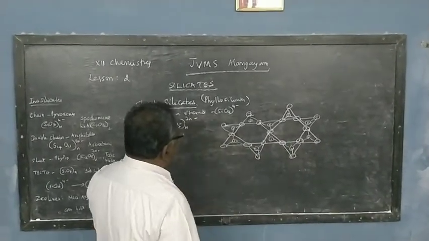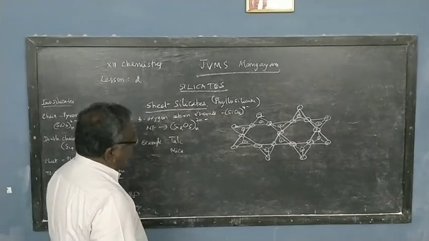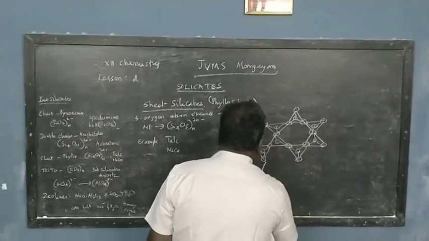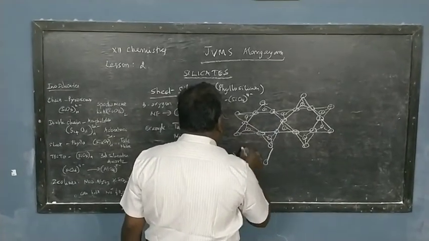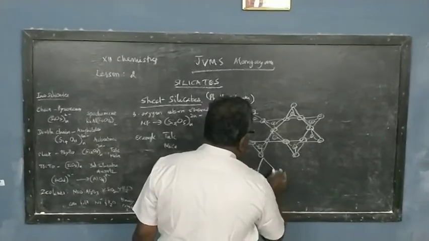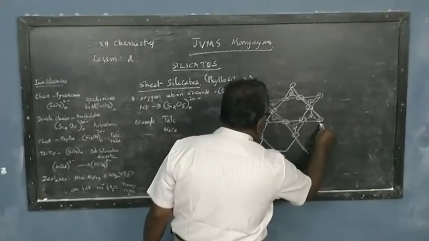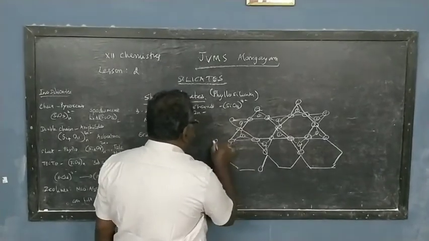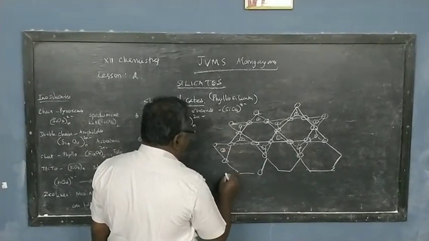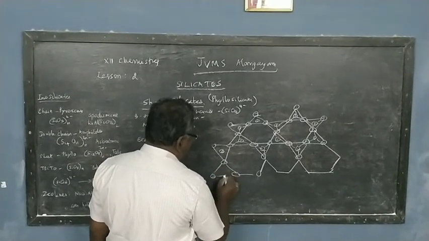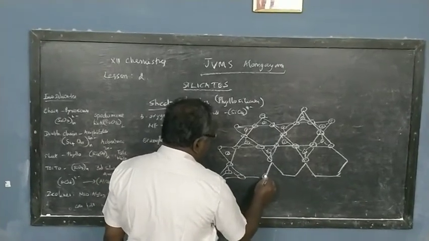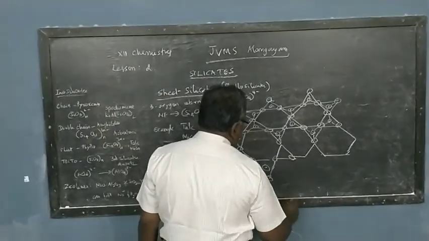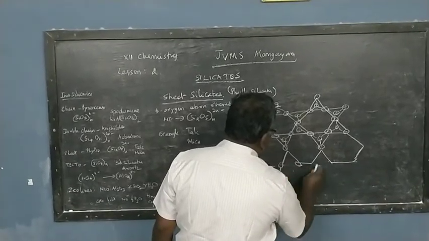What we have drawn under the previous type of silicates, that is double chain silicate. Now this continues, and here again, once more. Now you have to put the oxygen, the tetrahedral units.